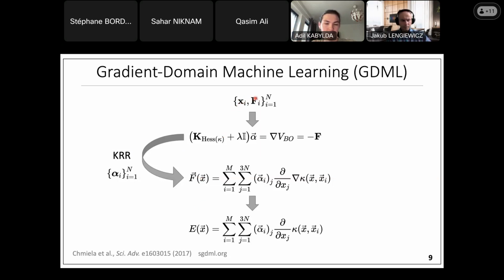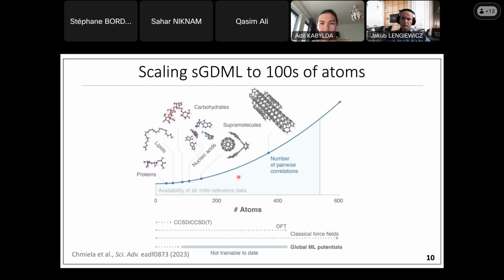One thing to mention here is that this original method was introduced in 2017. Then people understood that you need to preserve some of the symmetries of the molecules in addition to these two. Okay, so that's the method that we use.